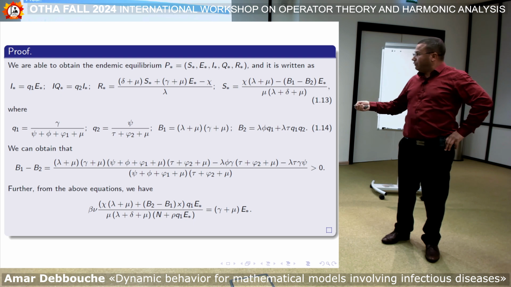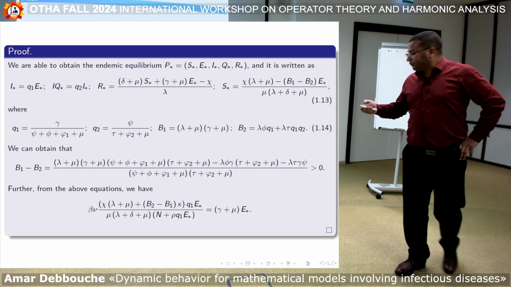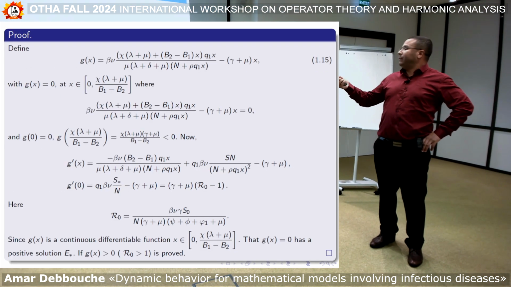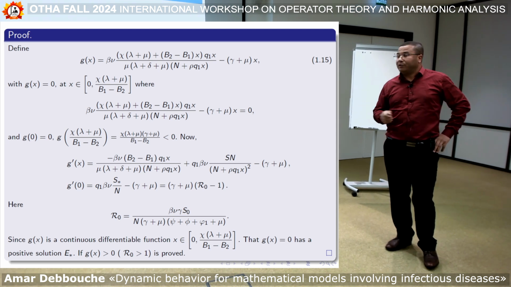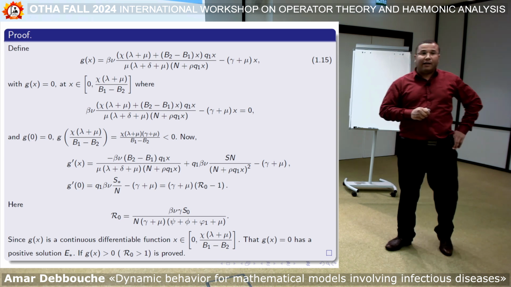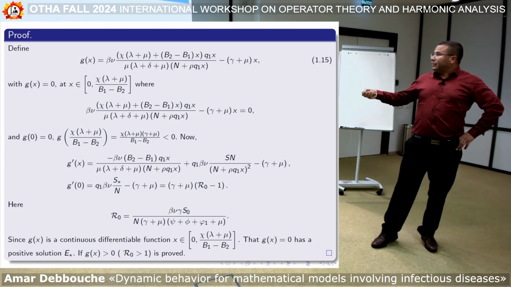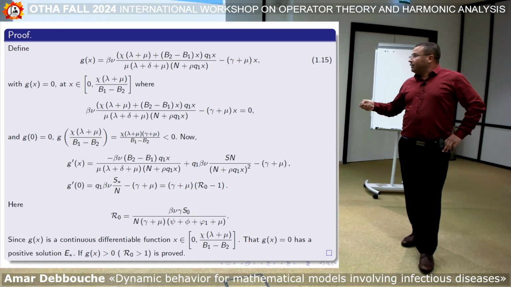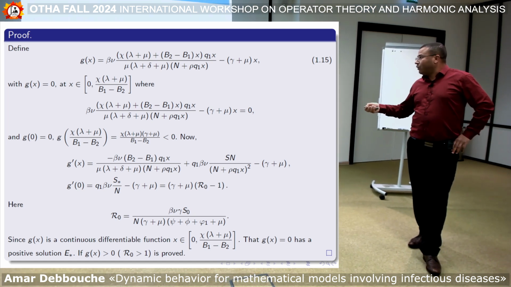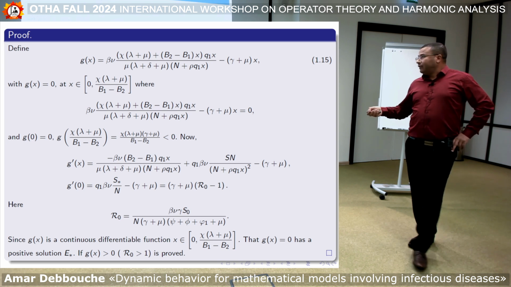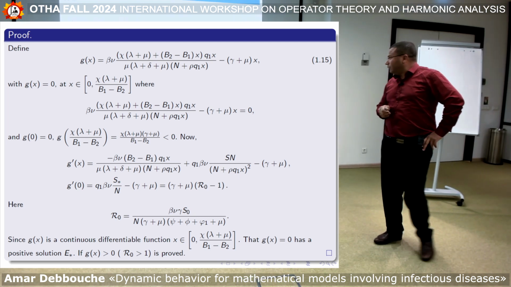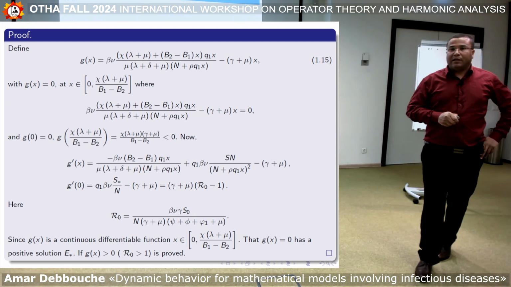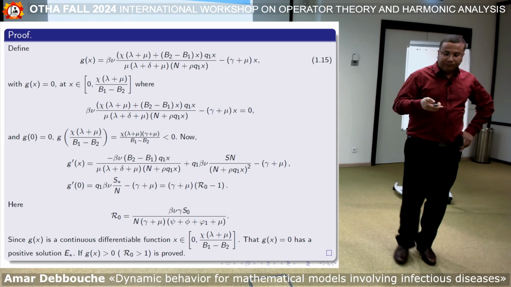So we move this part to the first member, and we rename it as g of x, which of course equals 0 in this interval. After this calculation, having in mind the form of the basic reproduction number given with this form, and the fact that g of x is continuously differentiable in this interval, we can have our result.